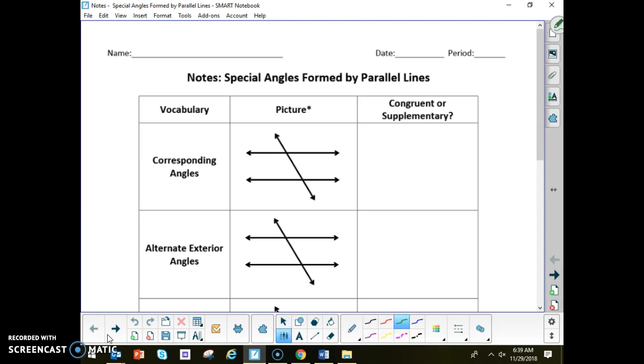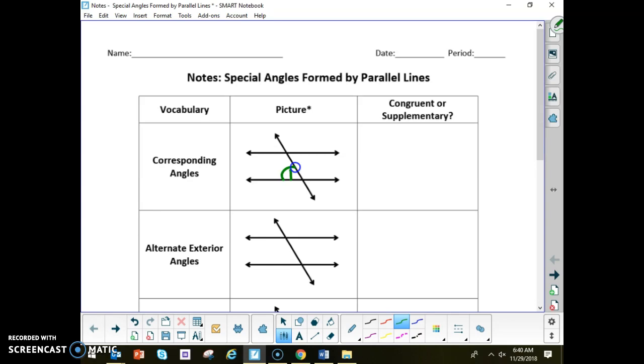So for example, corresponding angles. If I'm given this angle, and I'm going to call it angle 1, it is above one of the parallel lines. It's in between the two, and it's on the left side of the transversal. When I want to find a corresponding angle, I look at the same part.